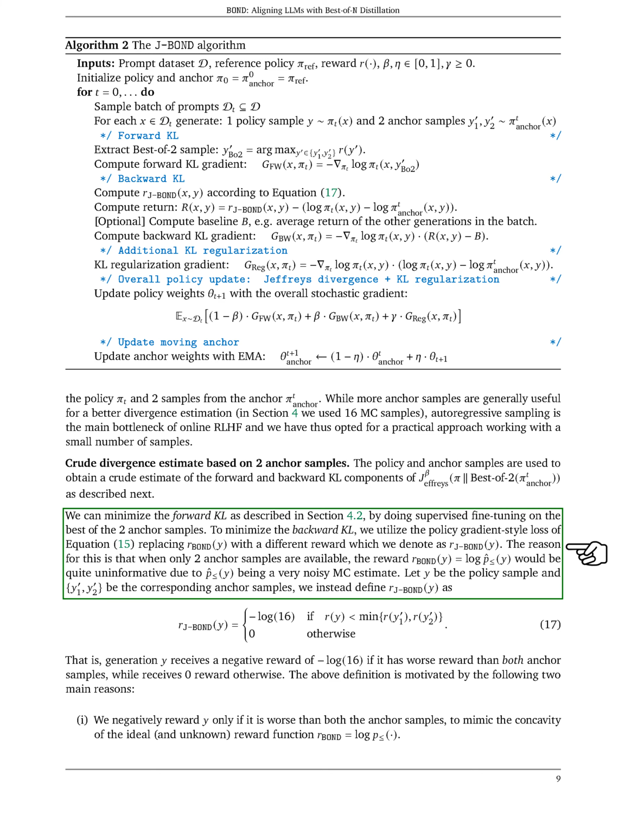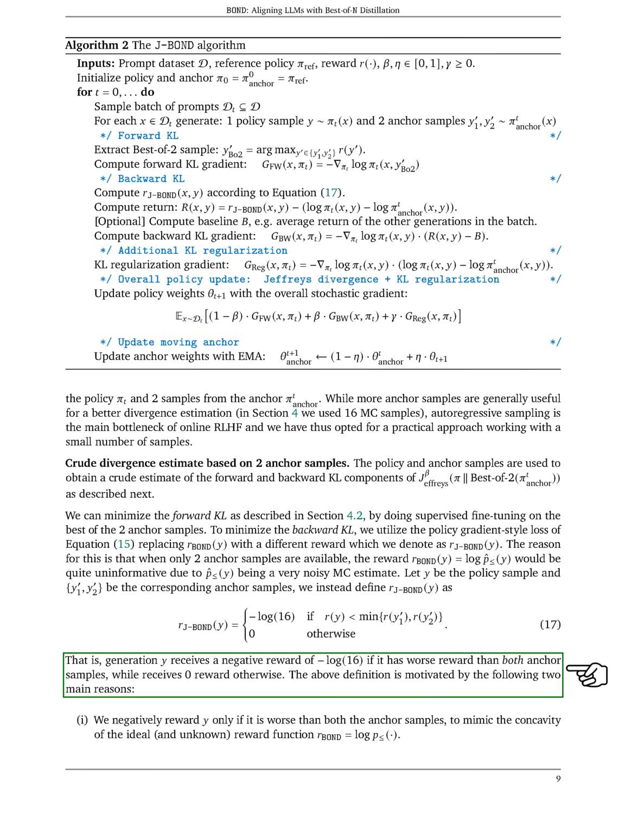To minimize the forward KL, we perform supervised fine-tuning on the best of the two anchor samples. For the backward KL, we employ a policy gradient style loss, adjusting the reward to account for the limited anchor samples. Specifically, if a generated sample performs worse than both anchor samples, it receives a negative reward. Otherwise, it gets no reward.